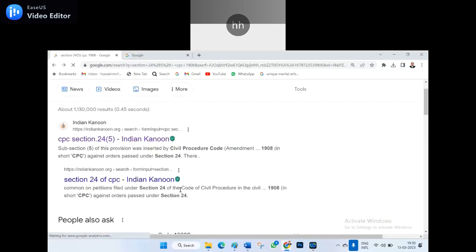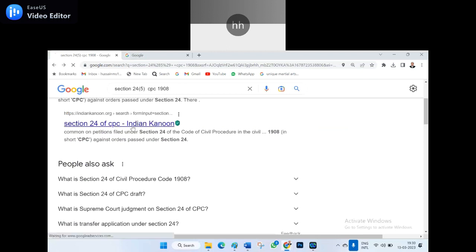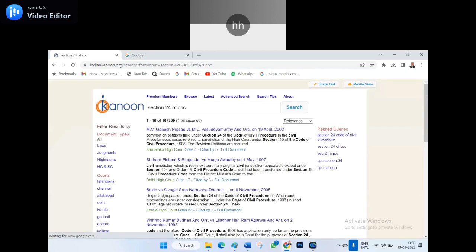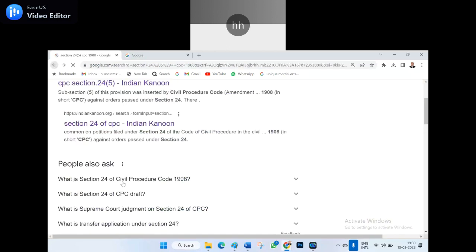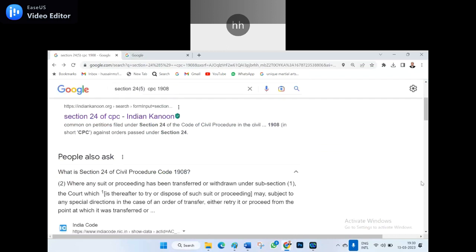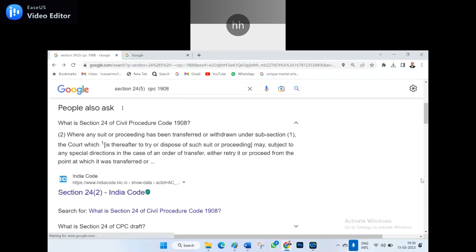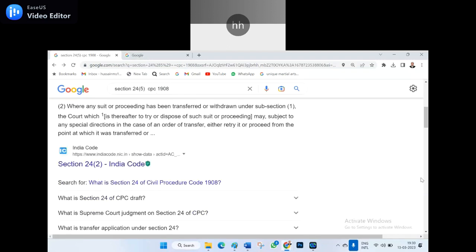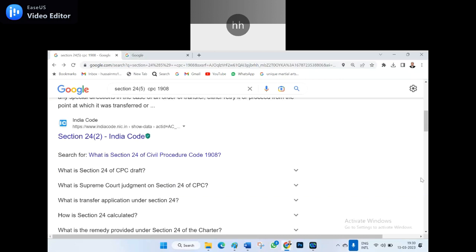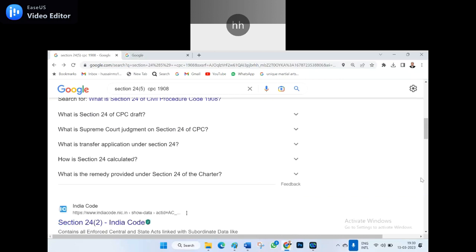No, we don't need that one. We need this one. Let me see it. Again, it is given many cases. Let us see this one. Where any suit or proceeding has been transferred or withdrawn under subsection 1, the court which is there to dispose of such a suit or proceeding may, subject to any special direction. It is not. We actually need 24(5).